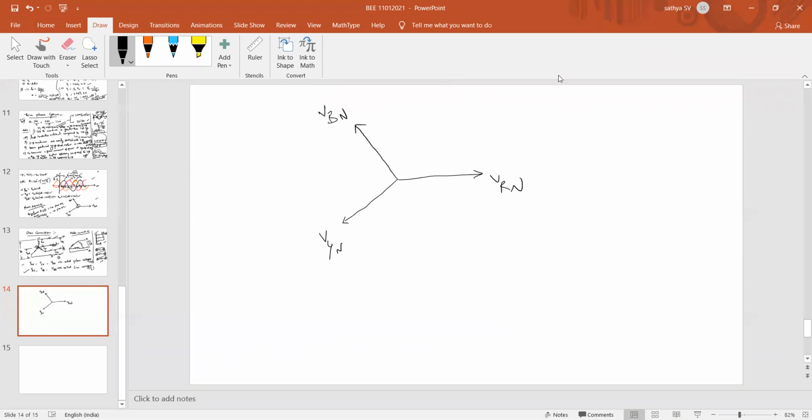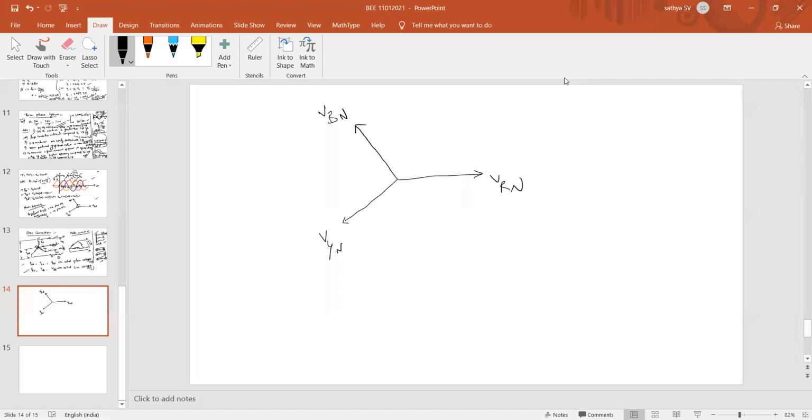Now draw the negative axes for this. So how can we draw those negative values in that vector representation?